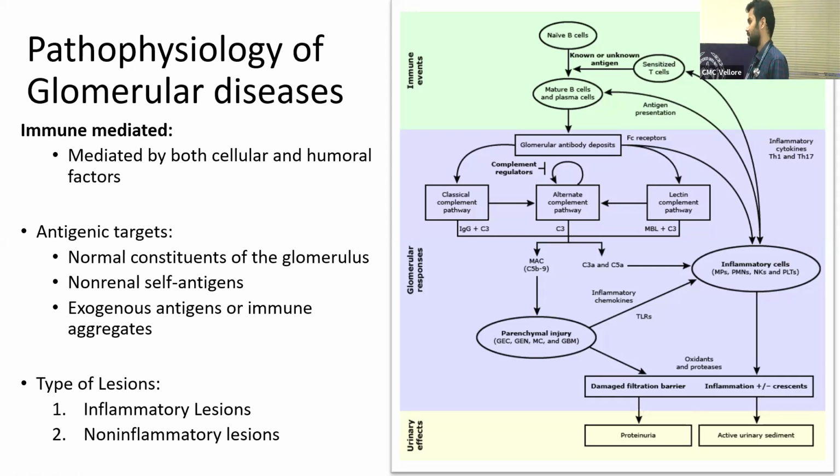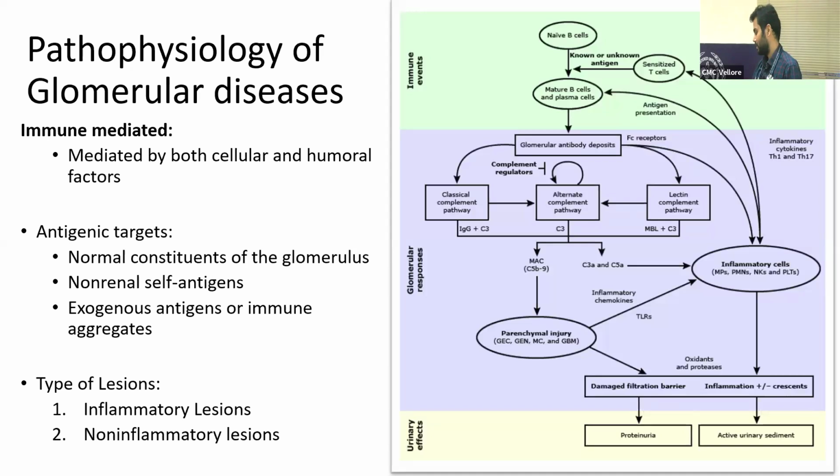To activate this adaptive immunity, there should be some antigenic targets. What are these antigenic targets? They can be a normal constituent of the glomerulus, or sometimes non-renal self antigens can be planted in the glomerulus, leading to inflammation. Sometimes they are exogenous, from outside the body, like an infection entering the body, producing inflammation.